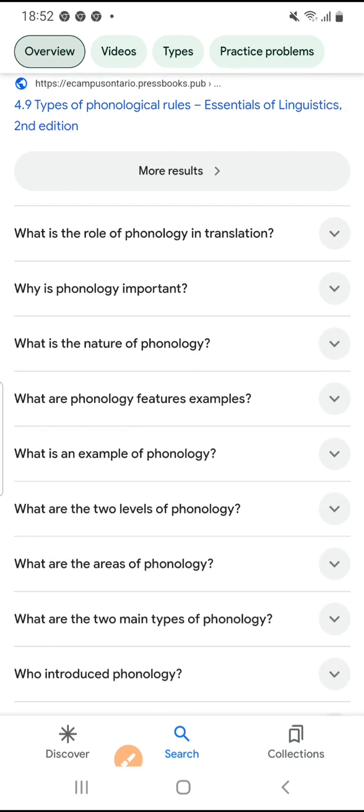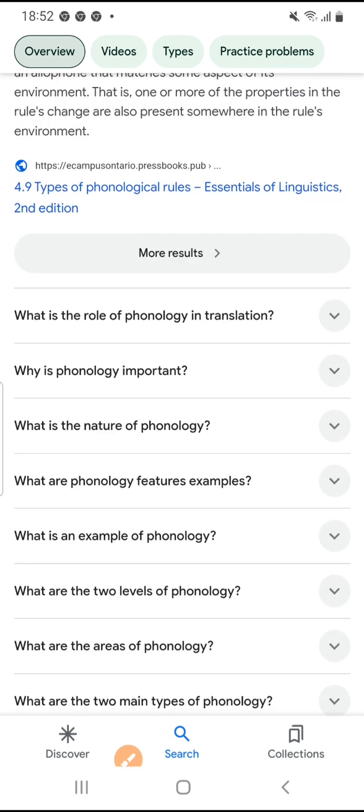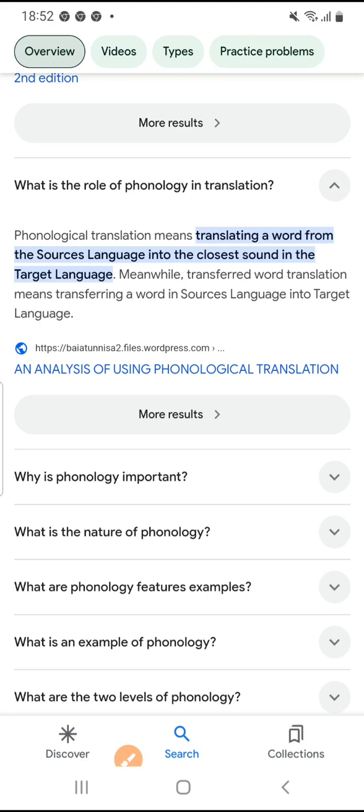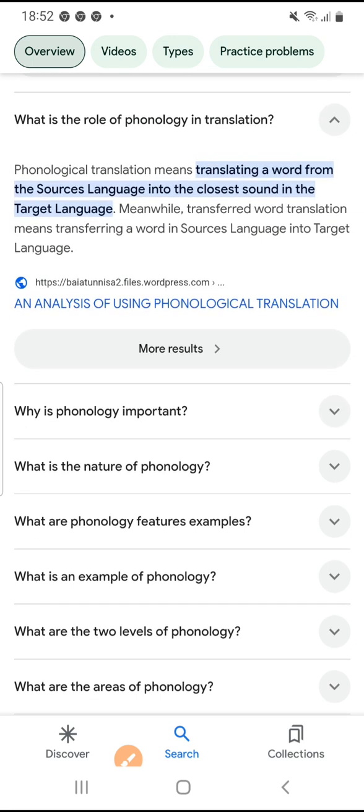Okay, what is the role of phonology in translation? Translating a word from the source language into the closest sound in the target language. I'll be explaining source language and target language later on.